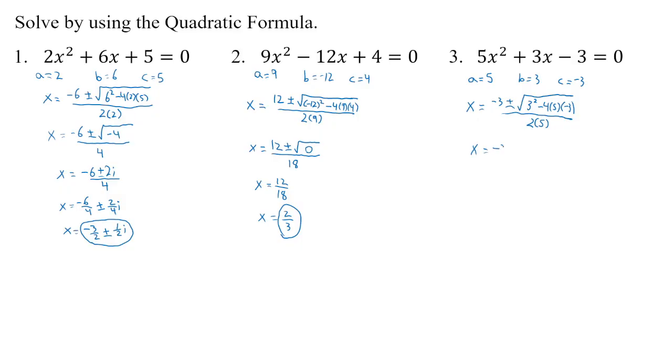We've got negative 3 plus or minus. Now, I'm going to use my calculator to find the discriminant. And that would be 69, over 2 times 5, which equals 10.